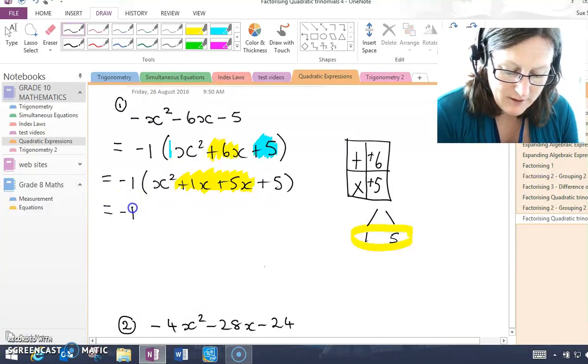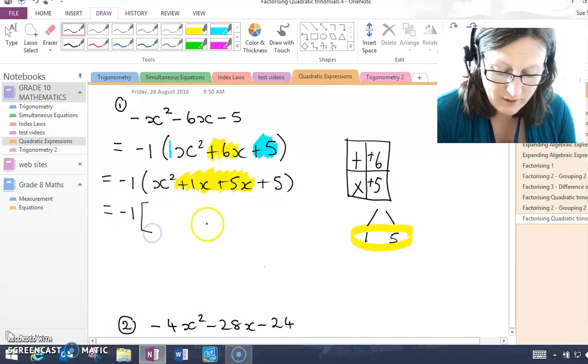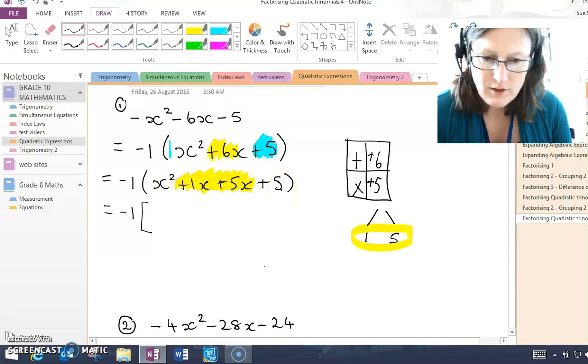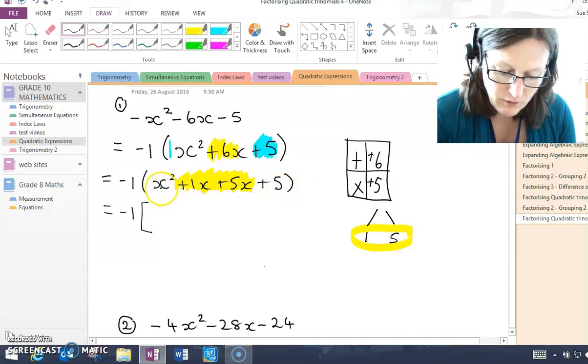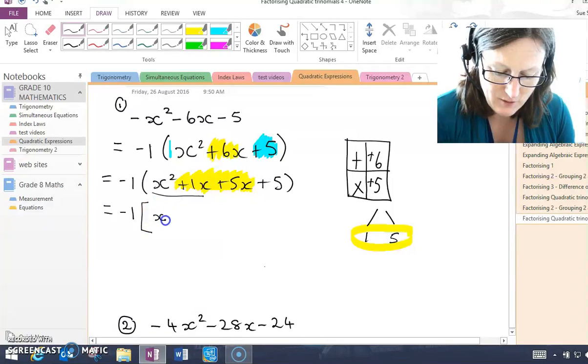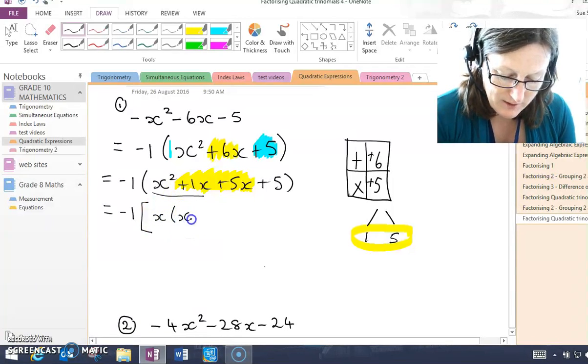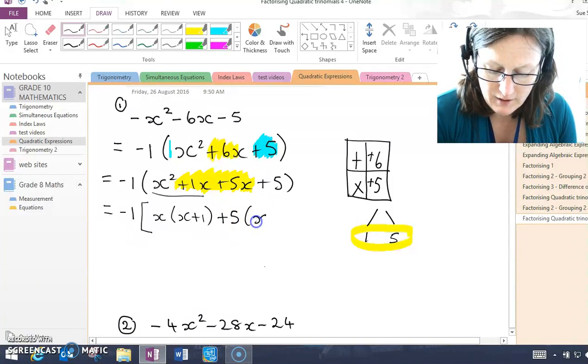So my negative 1 is still out the front. Forget about it. Look what's in the brackets. Nothing's common, so we can group 2 and 2. For the first two terms, x is common, and we are left with x plus 1. The second two terms, plus 5 is common, which leaves us with x plus 1.